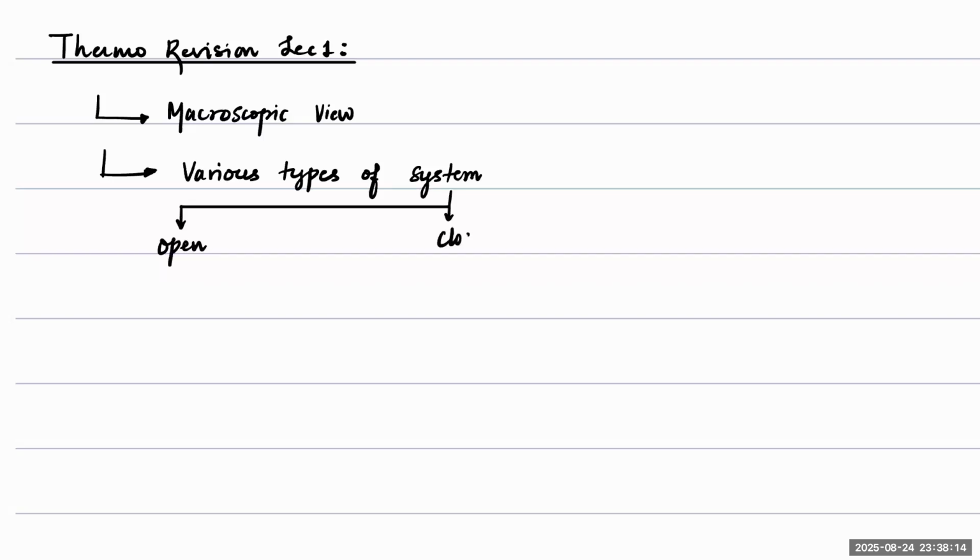Second thing, we have various types of systems, and within the system we had the open type, closed type, and isolated system.